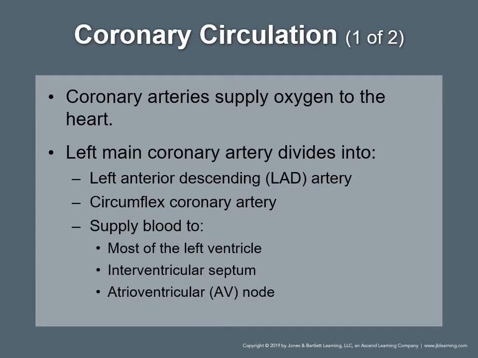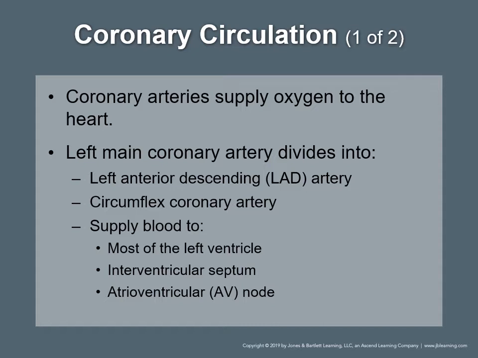The coronary circulation. Coronary arteries supply oxygen to the heart. Coronary circulation emanates from left to right coronary arteries. The left main coronary artery divides into the left anterior descending, or the LAD artery, and the circumflex coronary artery.